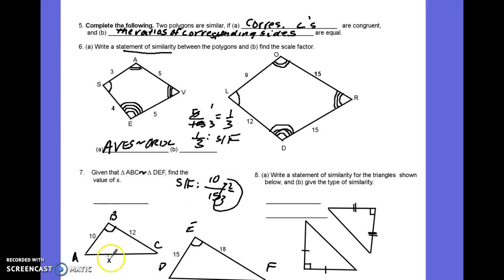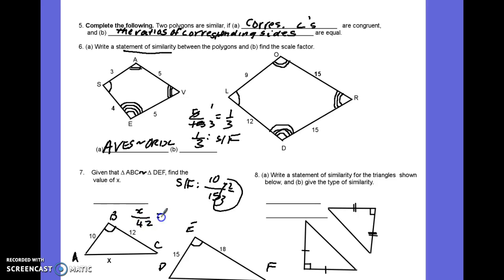Now we can use the scale factor to find the x. Here it comes. The x belongs to the smaller of the two triangles. So I can do x over, x is AC. So AC first and third will correspond to DF. DF is 15. Sorry, 42.